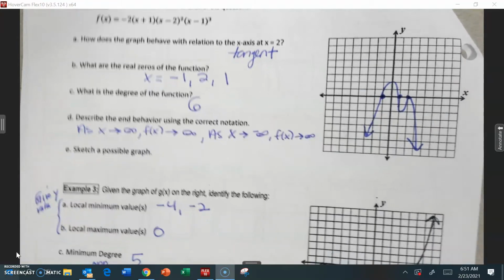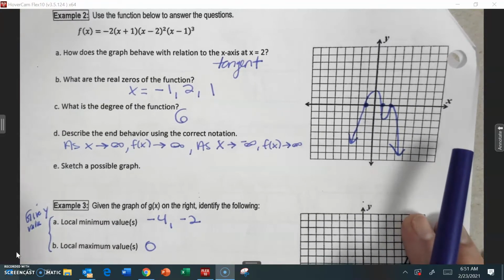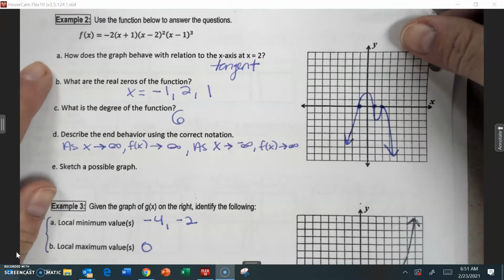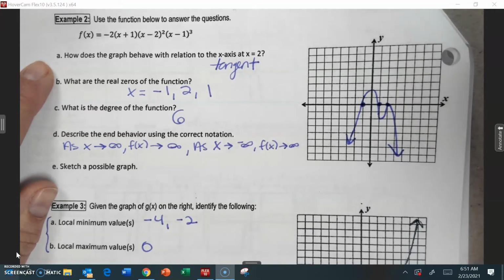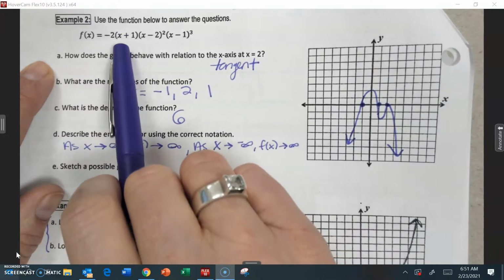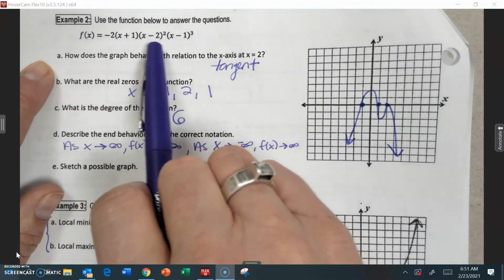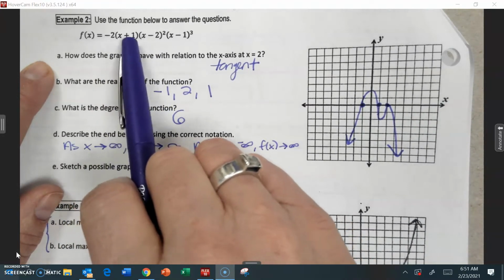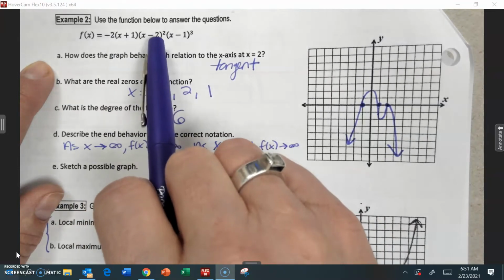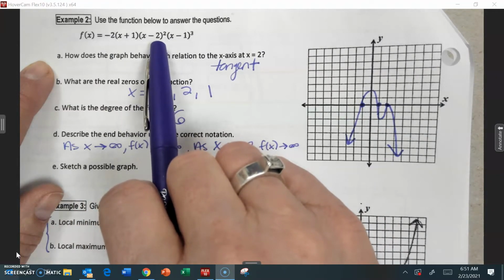So on example 2, it's asking how does the graph behave with the relation at x equals 2. Well, if we look at this function, which is in what we call factored form, because you can literally see each factor, this has a multiplicity of 2.